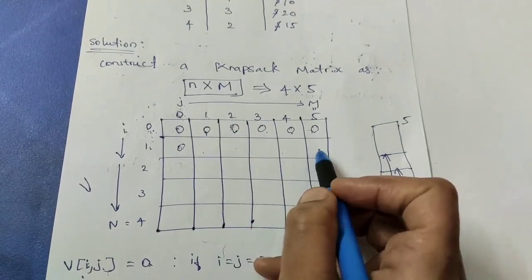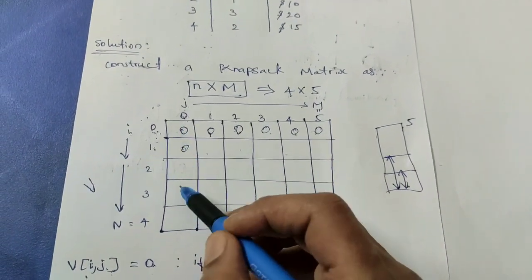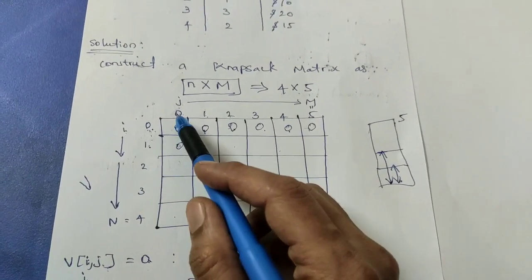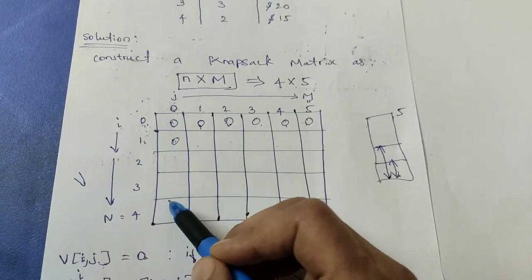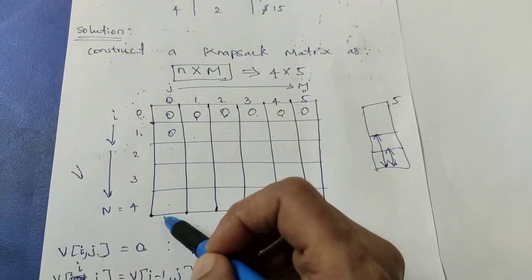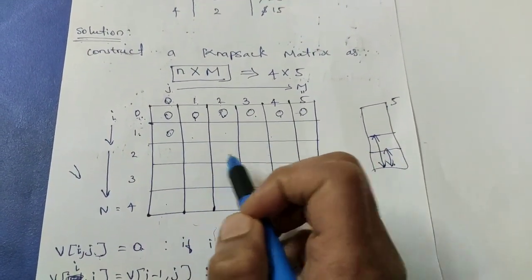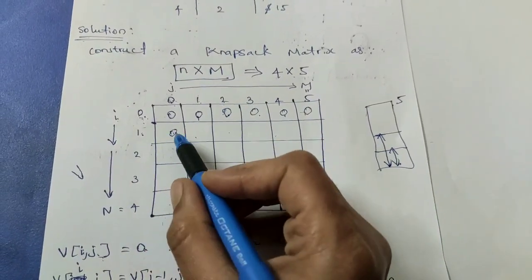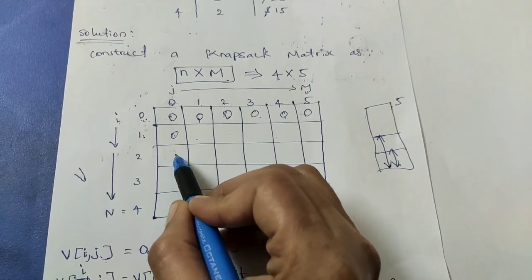Before filling these locations, let us fill this column first, because everywhere the j value remains 0. So using the first formula, let us fill this column first, then we'll go for filling the next locations. Now fill this location.